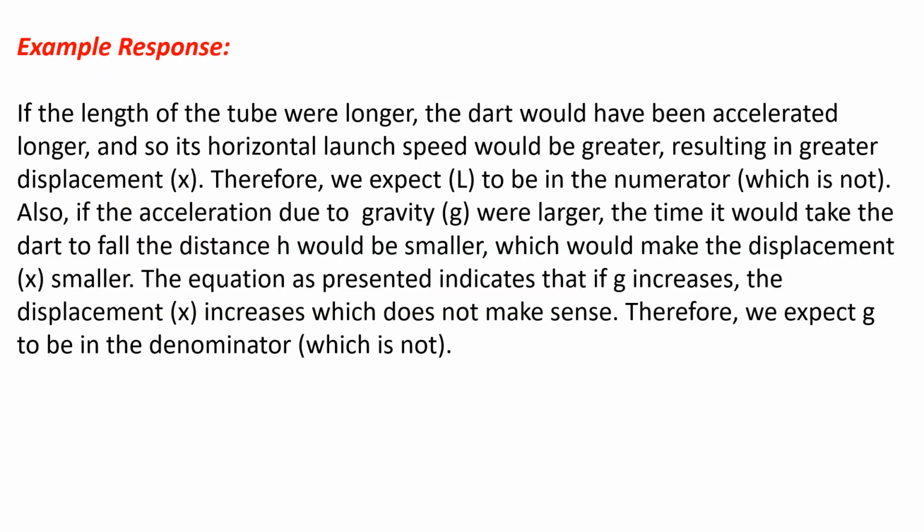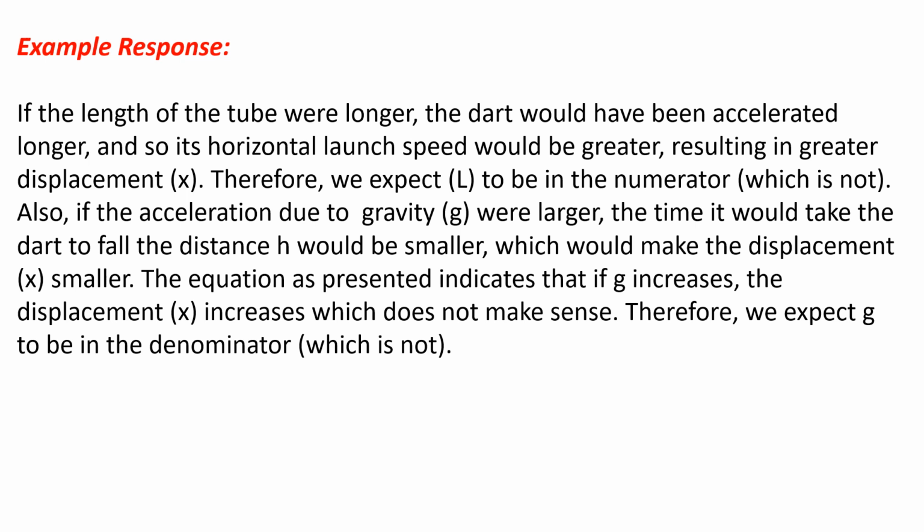If the length of the tube were longer, the dart would have been accelerated longer, and so its horizontal launch speed would be greater, resulting in greater displacement x. So everything is already mentioned. Therefore, we expect L to be in the numerator, which it is not. Also, if the acceleration due to gravity were larger, the time it would take the dart to fall the distance h would be smaller, which would make the displacement x smaller.